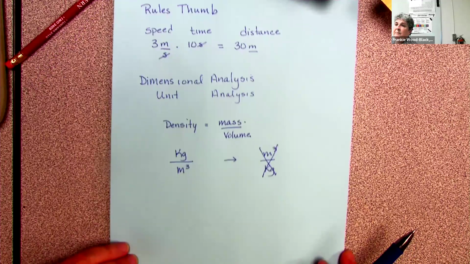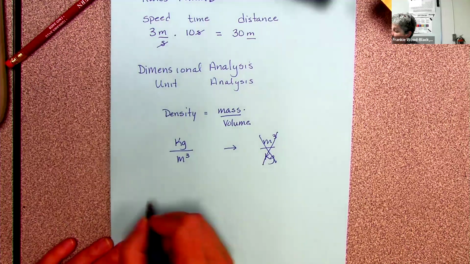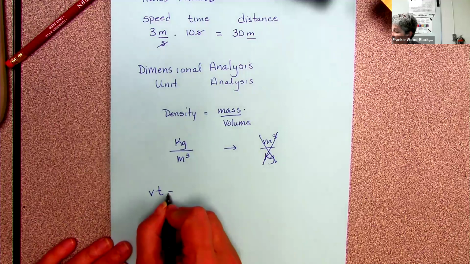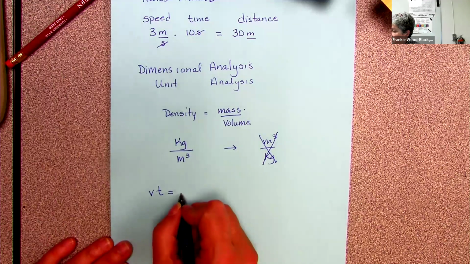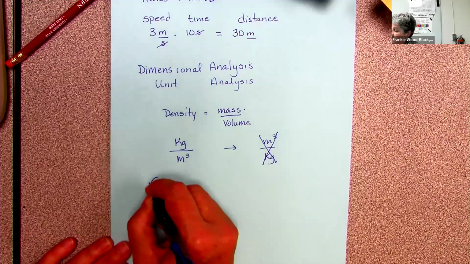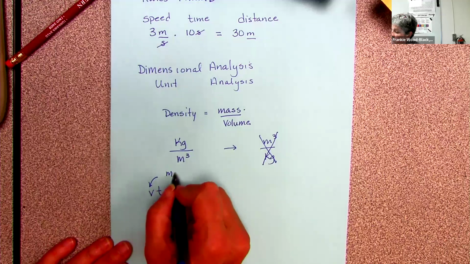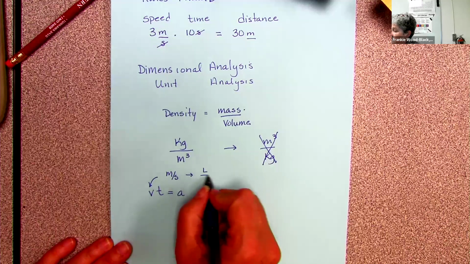So you're going to get some problems in the homework in this first chapter that will say, all right, I have a velocity times time, and it's going to ask you if that velocity times time is equal to an acceleration. Well, velocity is going to be in meters per second, or in a length divided by time.